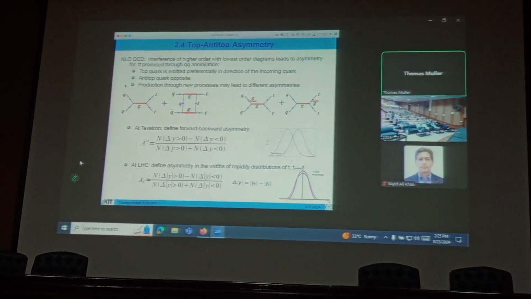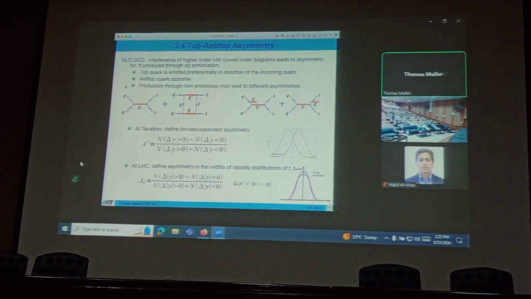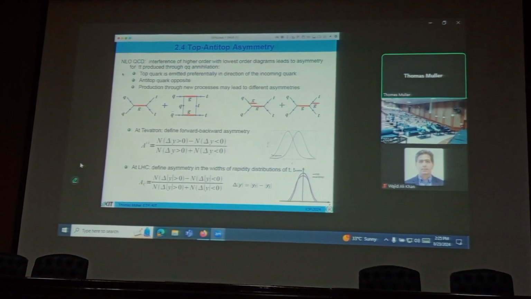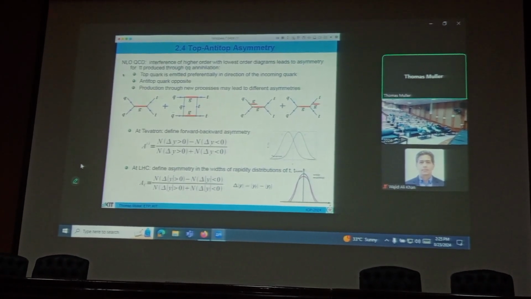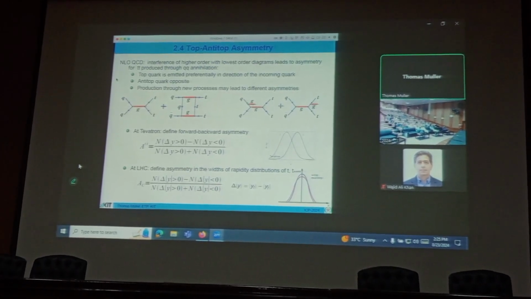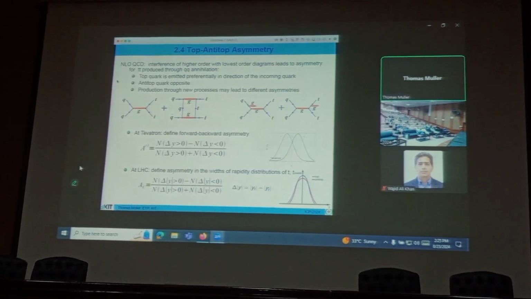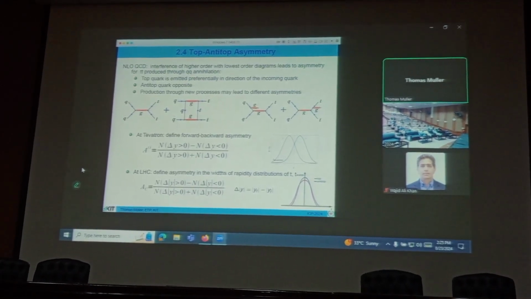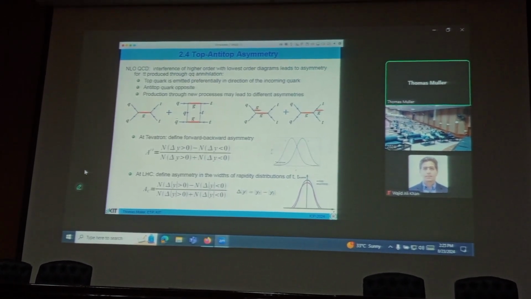Yeah? That's at tree level, this is of course correct. But when you look at higher order QCD, then you indeed start having effects from gluons being radiated from an incoming quark or from an incoming antiquark.